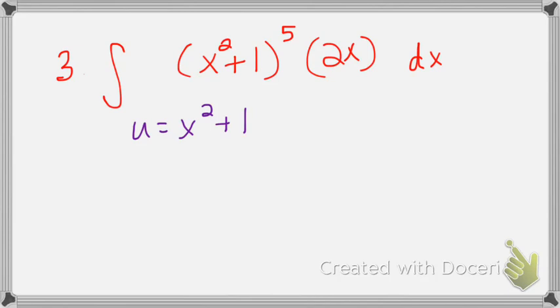Even though we're finding antiderivatives, we're thinking, if I did the derivative, what would be the part I would have to go back and multiply by the derivative of? Then you find the derivative of u, sort of like you are finding the chain rule. So what's the derivative of u? 2x.